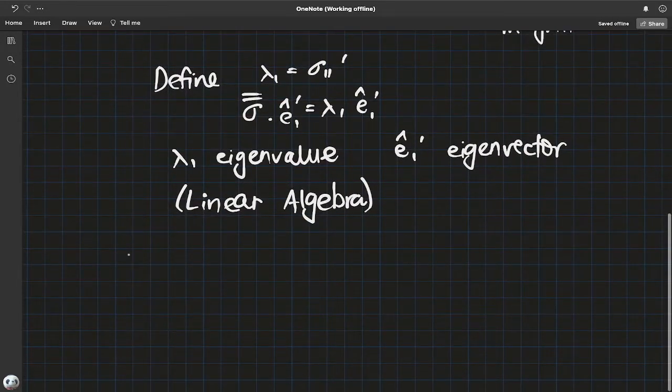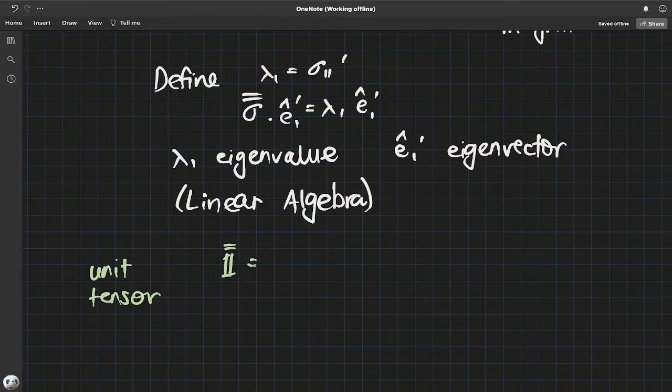Now what we can do is define a unit tensor. And the way I'm going to do this is, it's like a weird one. I'm going to define it as Kronecker delta ij e sub i hat tensor e sub j hat.